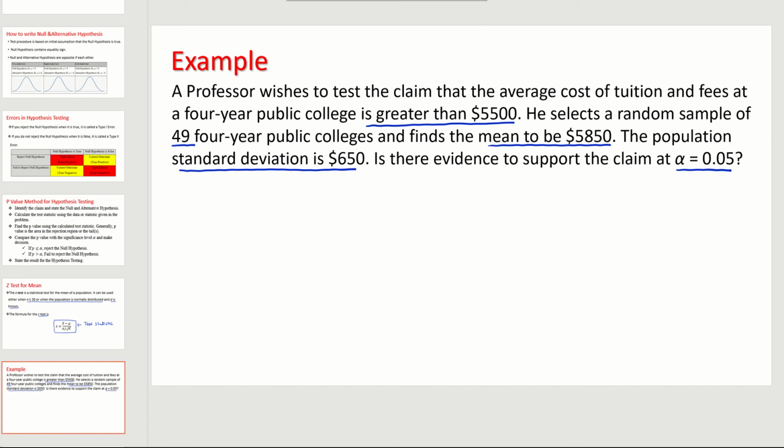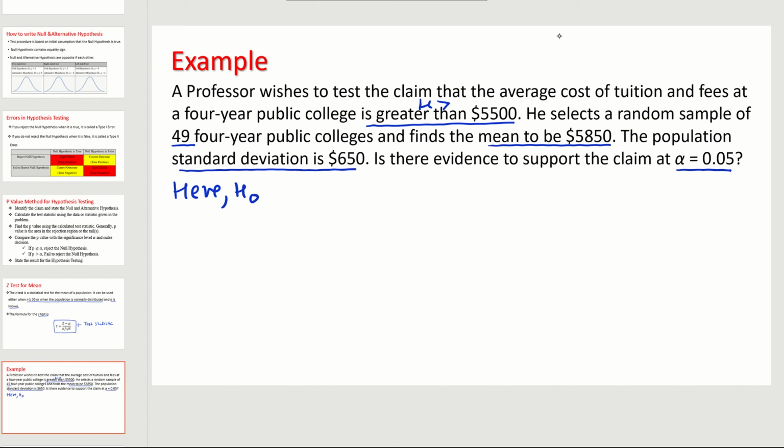So what we are going to do first is set the null and the alternate hypothesis. Here we are saying that the mean is greater than 5,500. That statement where you see mean is greater than 5,500 is your alternate hypothesis and that is your claim. Always remember that the null hypothesis contains the equal to sign.